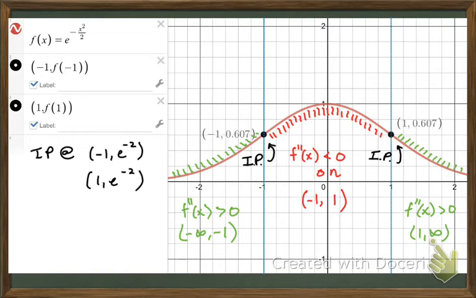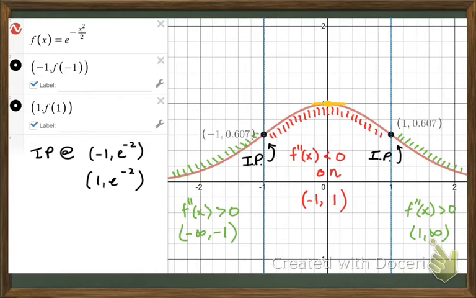I also want you to note that there is a horizontal tangent line when x is 0 here. All right, so right at 0, it looks like there's a maximum there. If we were to use the first derivative test, we would see that the function changes from increasing to decreasing around that point. I don't really even need that information here.